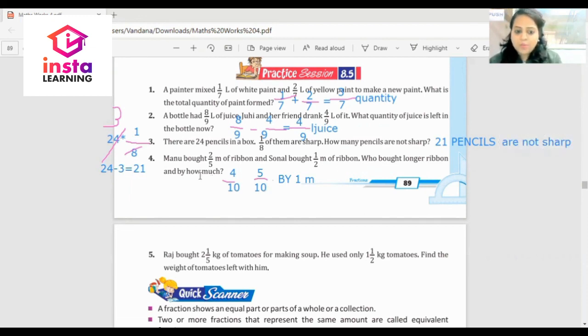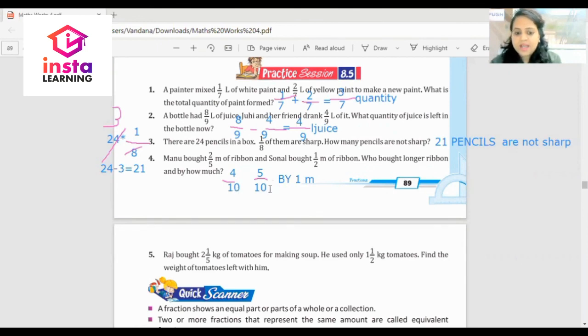Now, fourth question. Manu bought 2 upon 5 meter of ribbon and Sonal bought 1 upon 2 meter of ribbon. Who bought longer ribbon and by how much? It means you have to make equal fractions first. For 2 upon 5, you will get 4 upon 10, and for 1 upon 2, you will get 5 upon 10, because you have to check the denominator should be the same.